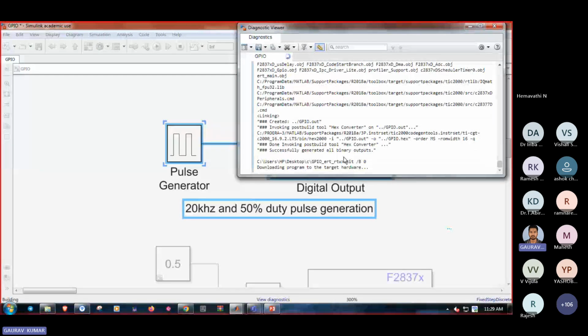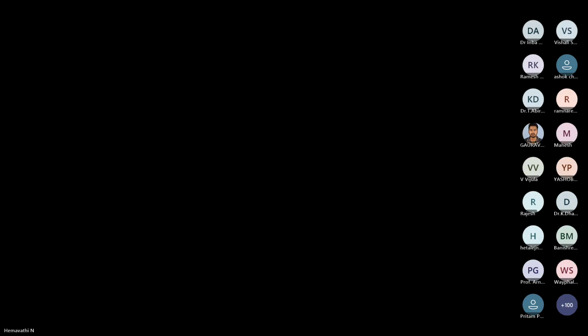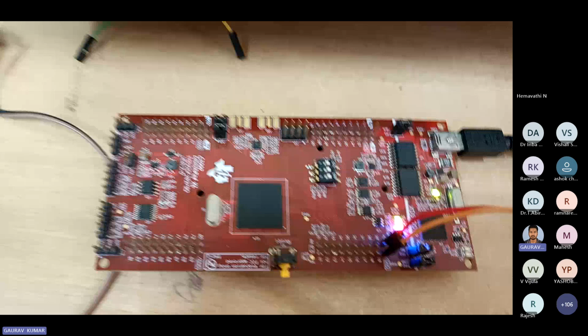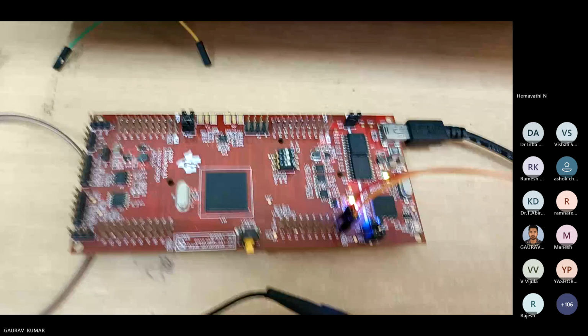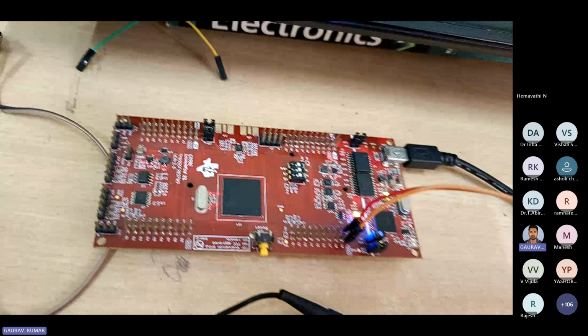Now the code is downloading to the hardware. Here you can see the C2000 microcontroller. It is still downloading. Here we can see pin number 40. I have connected the DSO. The channel 1 output is connected to pin 40 and ground.